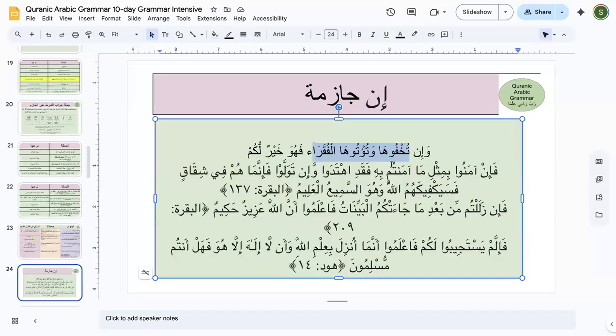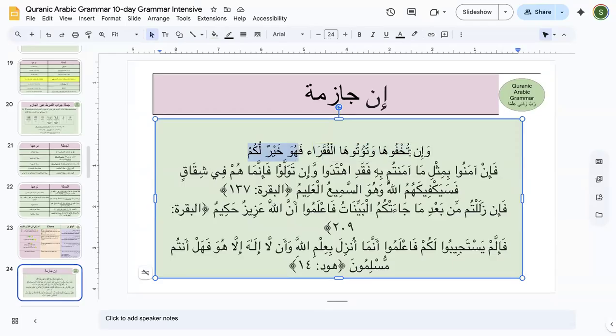You have learned that mudare can be made lightest by dropping of the noon, right? By dropping the noon, you can make mudare lightest or majzoom. So you are seeing all that here. And your jawab is jumla ismiya: huwa mubtada, khairun khabar, lakum muta'alliq bil khabar. And since it is jumla ismiya, you have to bring in fa.